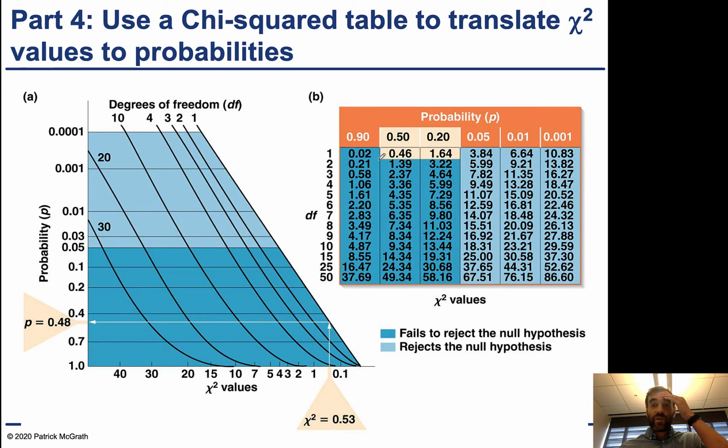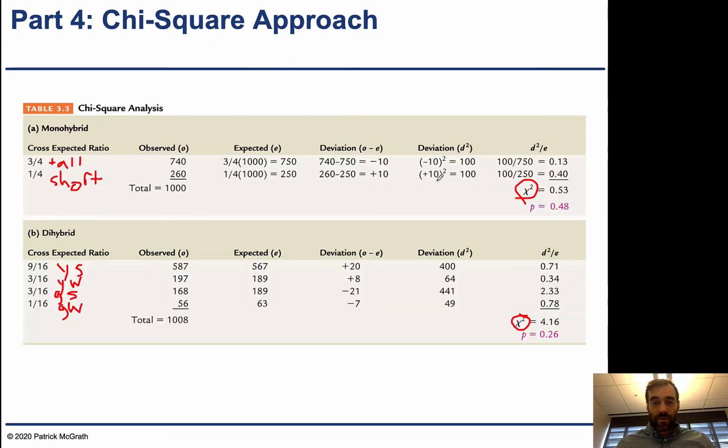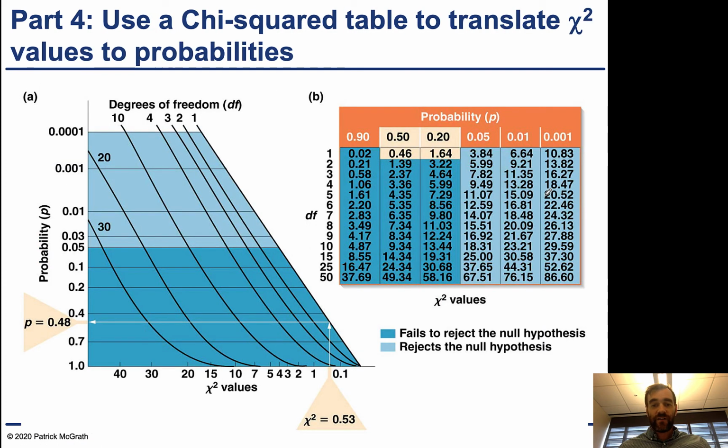And then you typically use this table, which tells you how to translate your chi-squared value into a range. Just as a reminder, the first chi-squared value we calculated was 0.53. You can do this either graphically or using a table.